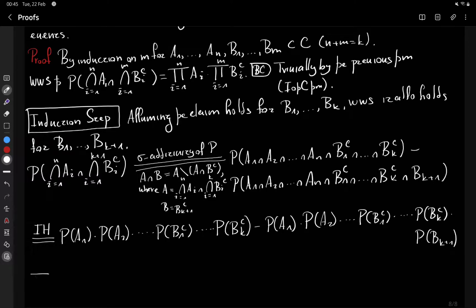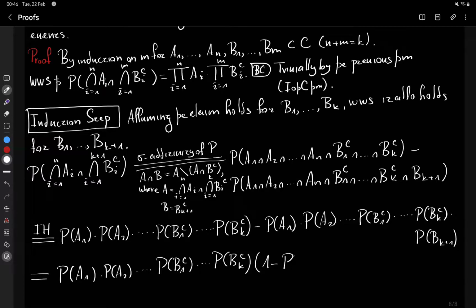Alright, now we can factor out A, essentially, as we defined it. So P(A1) times P(A2) times dot dot dot, P(B1 complement) times dot dot dot P(Bk complement). This was common here, times 1 minus P(B(k+1)), and this is why we do it.